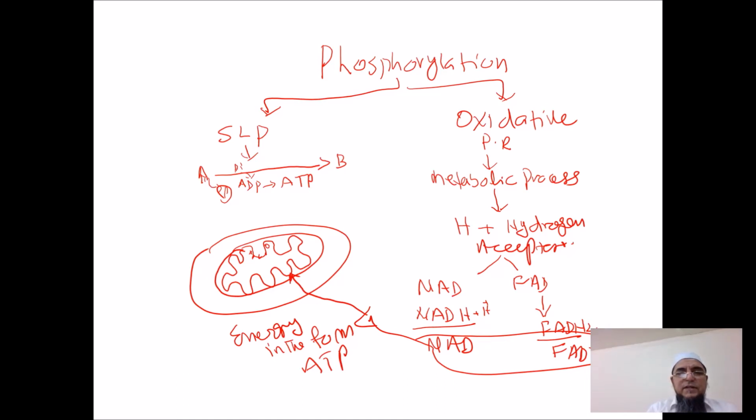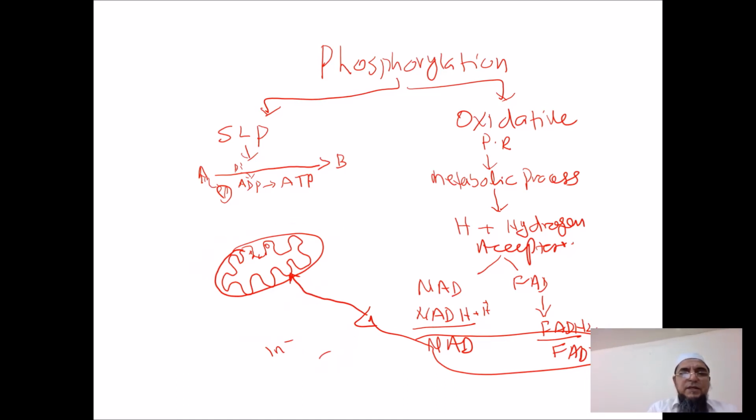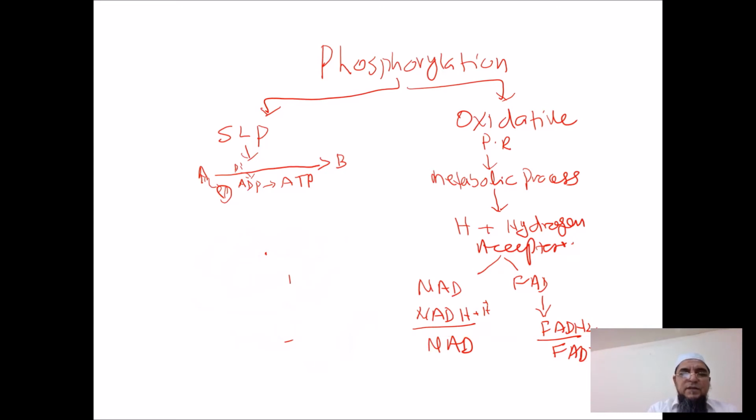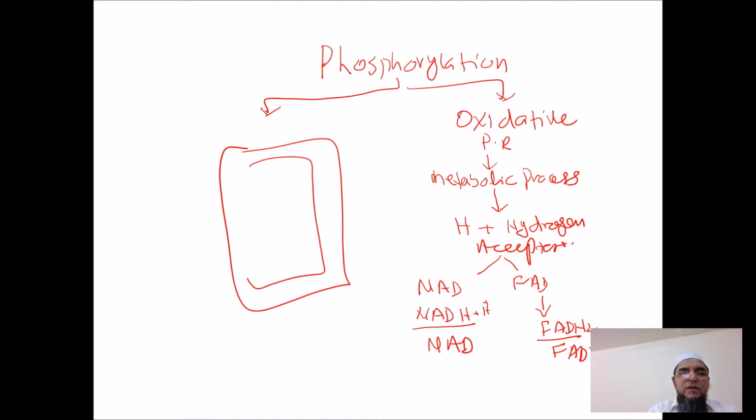We further said that NAD and FAD are called reducing equivalents. If they are present in the mitochondria, then there is no issue. NADH and FADH2 are present inside the mitochondria.